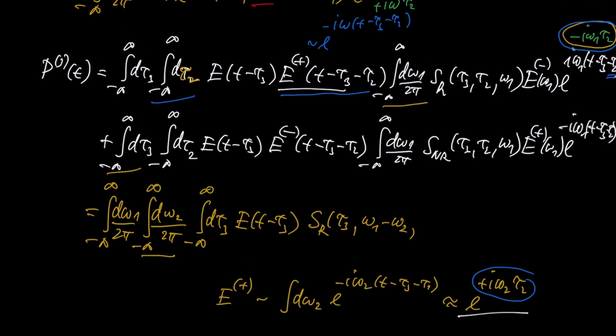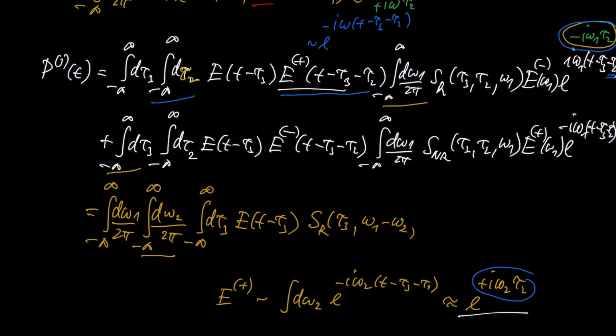And that's why the SR will appear here as a Fourier transform in the difference of the frequencies omega 1 and omega 2. The direction in which we define the Fourier transform, whether it's e to the power of I omega or minus I omega, doesn't matter much. So we'll just write omega 1 minus omega 2 here.